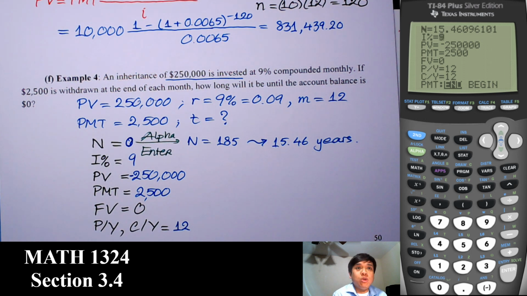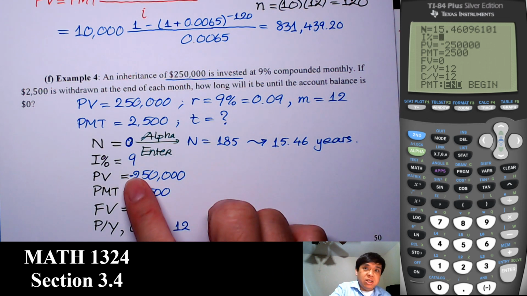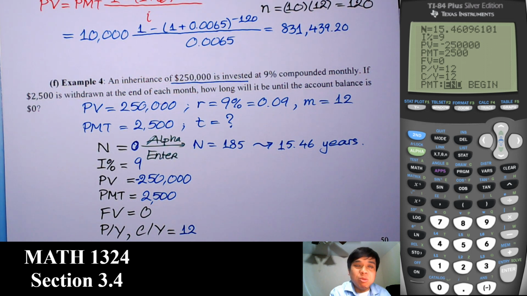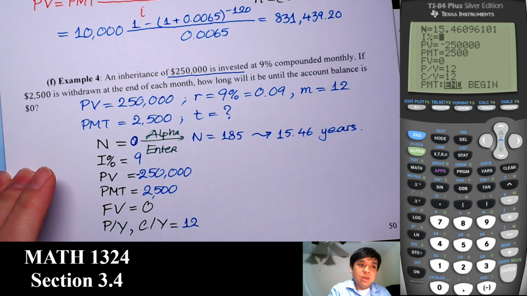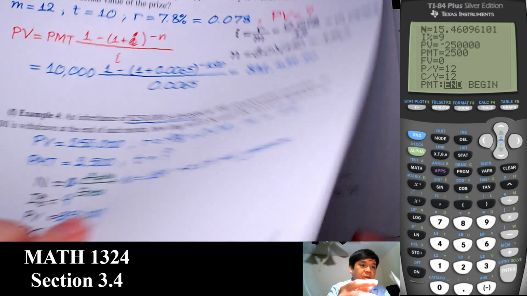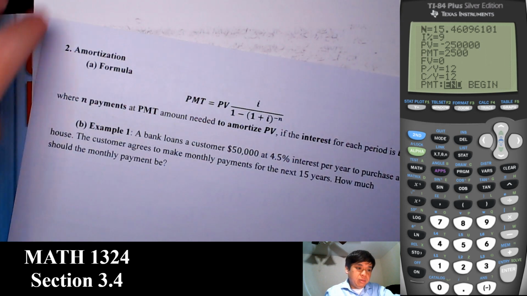So with no interest, you can only get 100 payments. So that's about 8 or 9 years. But with the interest, you can actually stretch that to about 15 and a half years. So that is the present value of the annuity.